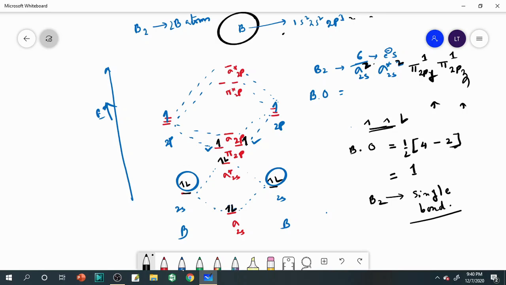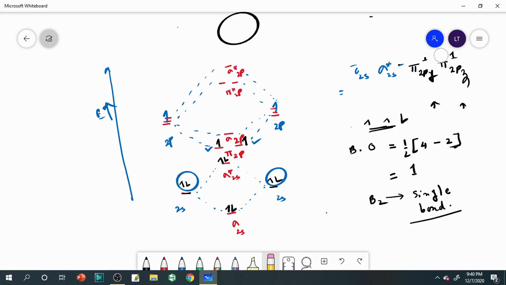If you consider the next atom, which will be the next atom, I am just erasing again. The next atom after boron will be carbon. And what do we expect in case of carbon?